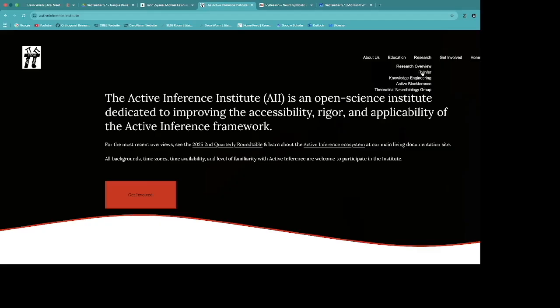Then, of course, research. You have the research overview, but you have a number of software packages such as arXiv, active blockference, the theoretical neuroscience group, which is, of course, run by Carl Friston, and then knowledge engineering. And then, of course, they have the participation link and some other things.